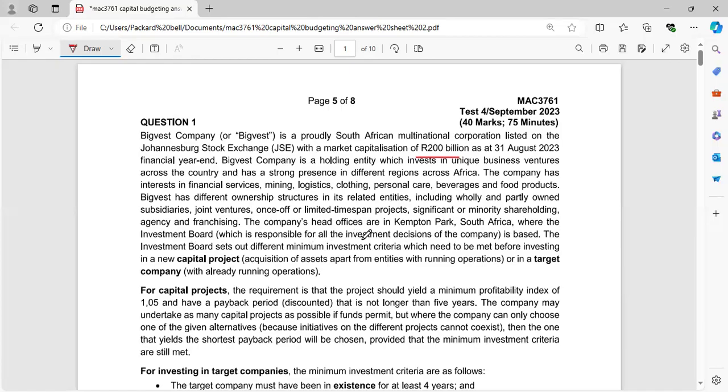The company's head office is in Kempton Park, South Africa, where the investment board, which is responsible for all the investment decisions of the company, is based. The investment board set out different minimum investment criteria which need to be met before investing in a new capital project, or in a target company.